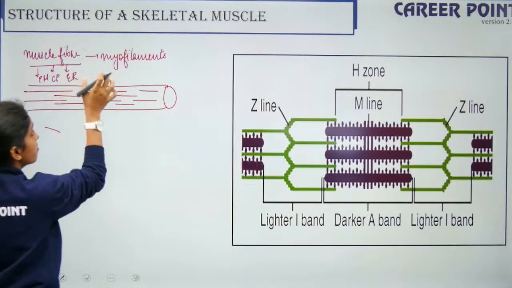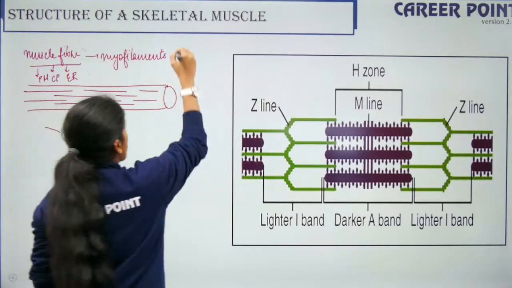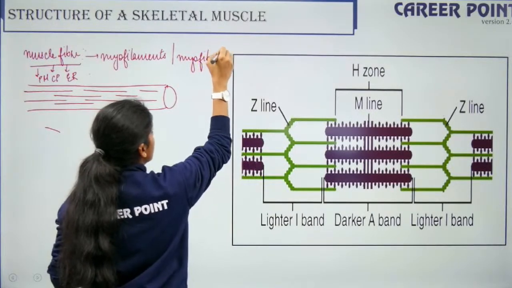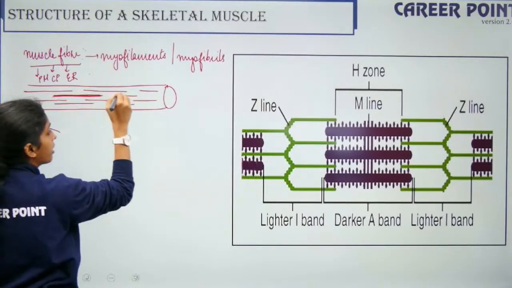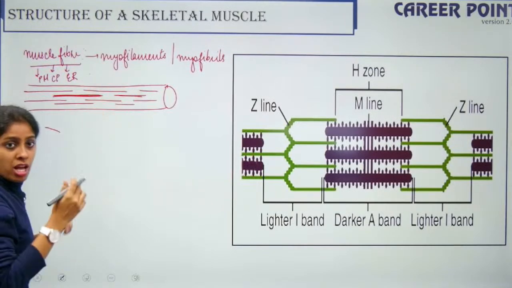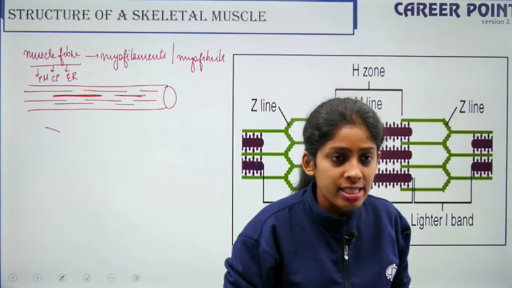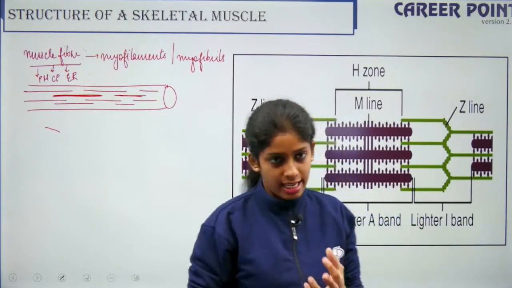Inside the muscle fiber, it consists of myofilaments, or you can also say it consists of myofibrils. These myofibrils have alternate light and dark bands: light band, dark band, light band, dark band. That is how the muscle fiber is designed. Yes, exactly, Shiva, that is what syncytium means.